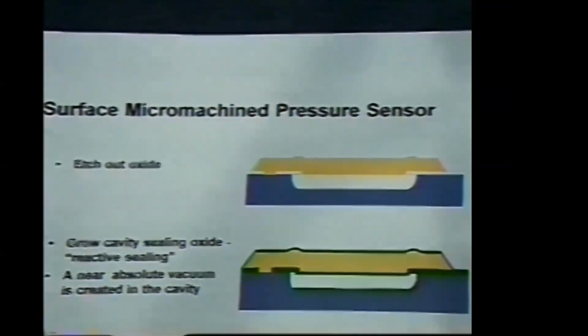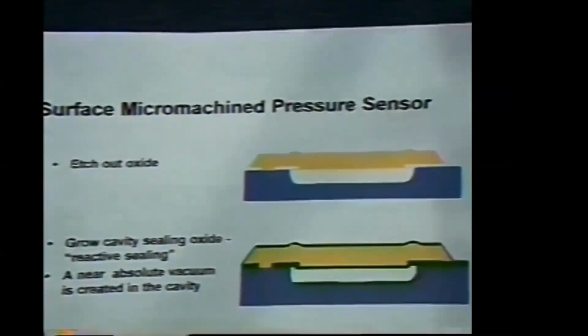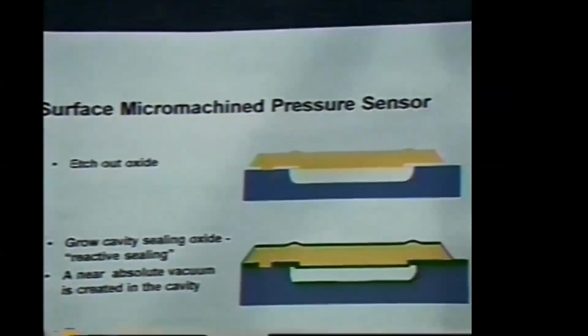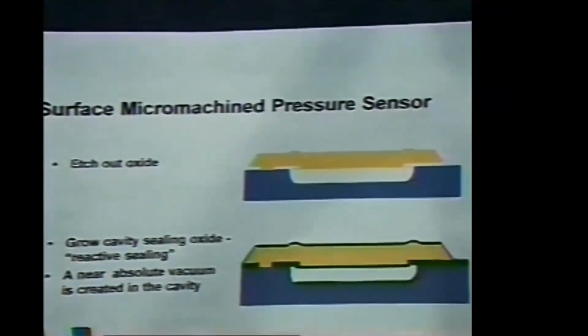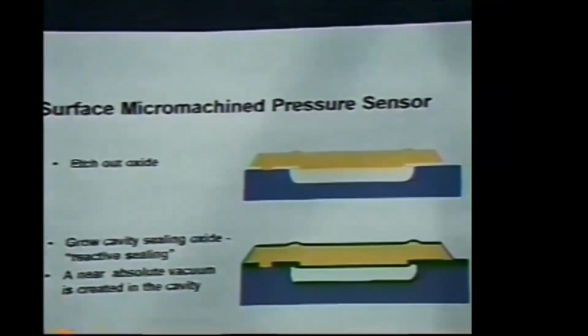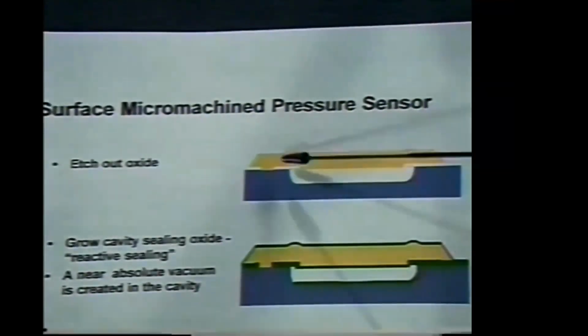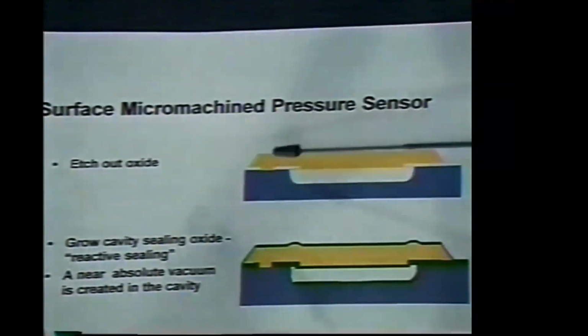Again, HF etch shows a very high selectivity for oxide, so we can go in and clear that out without really impacting at all on the substrate and the poly that has been deposited on top. So we therefore now have a freestanding polysilicon plate that is suspended at the edges by the anchors that you see in this cartoon over here.